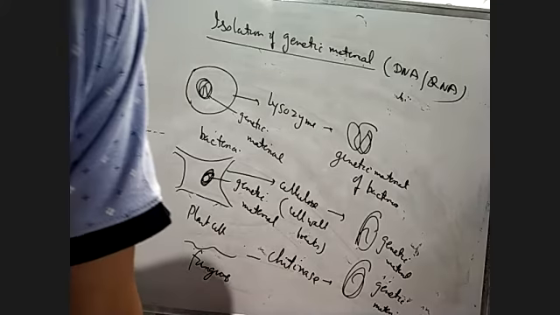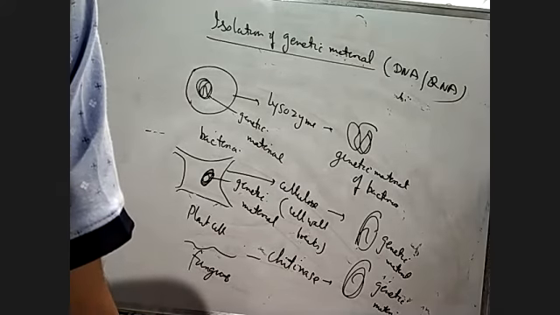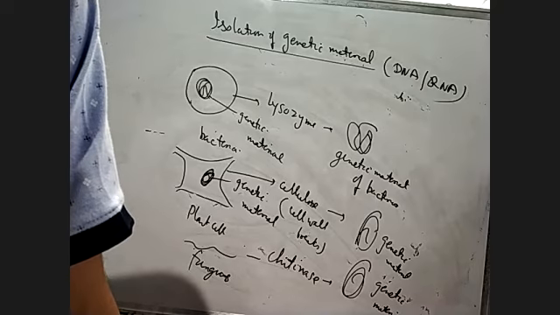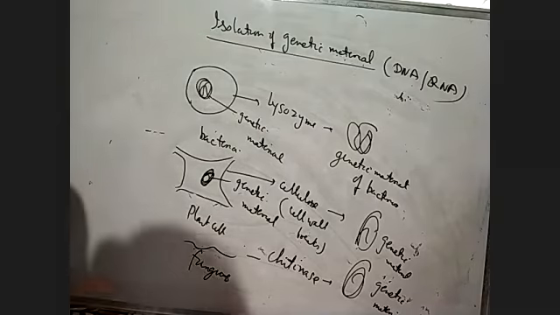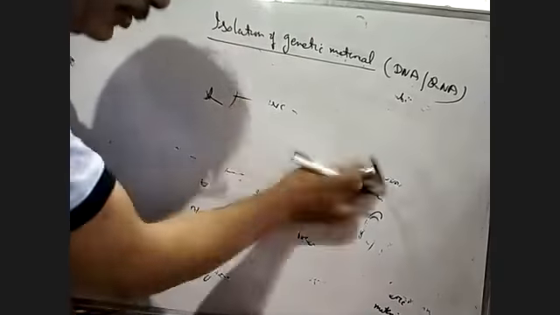Eukaryotic cells means the mammals and so on. Here, the DNA is intermingled with proteins such as histones.